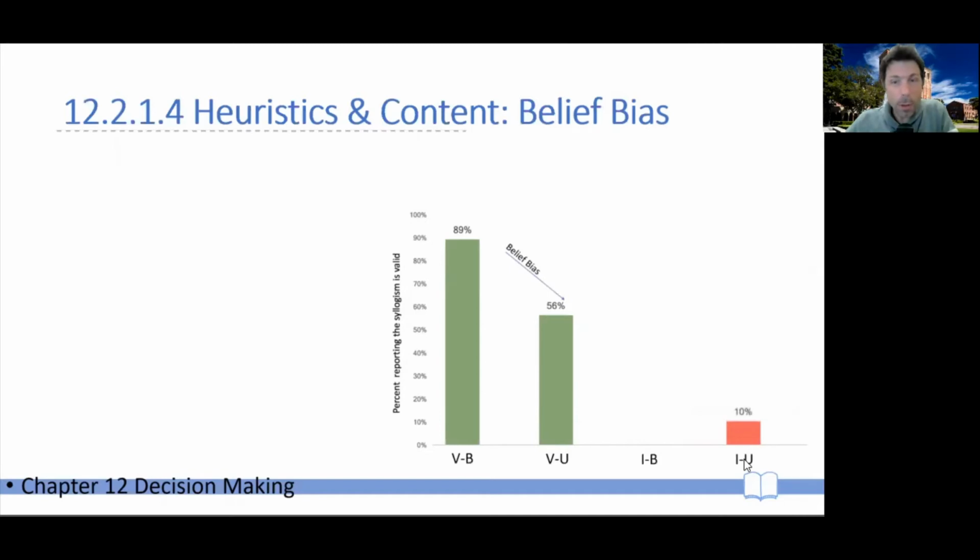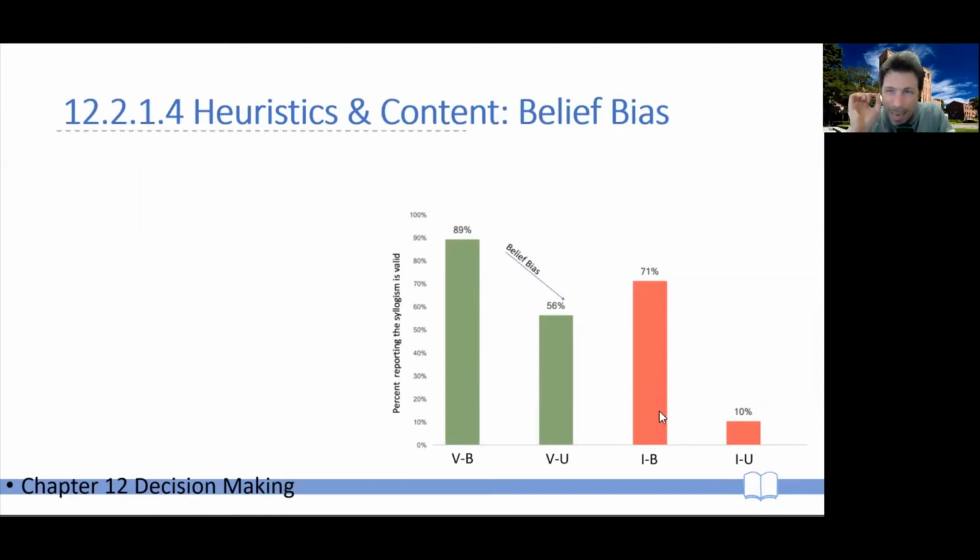And indeed, 90% of the time, people think it's not valid. However, if you give the exact same logical structure but with a believable conclusion, 71% of the time people think it's actually valid, and they're incorrect. The logical argument, just like in syllogisms 4 and 3, is the same, it is equally invalid.